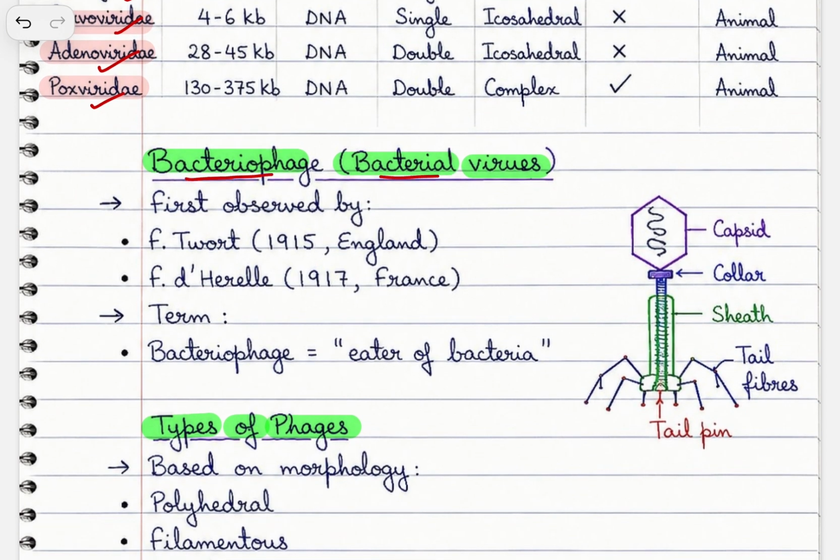Bacteriophages, or bacterial viruses, are viruses that infect bacteria. First observed by Twort in 1915 and d'Herelle in 1917, who gave them the term bacteriophage, eaters of bacteria.